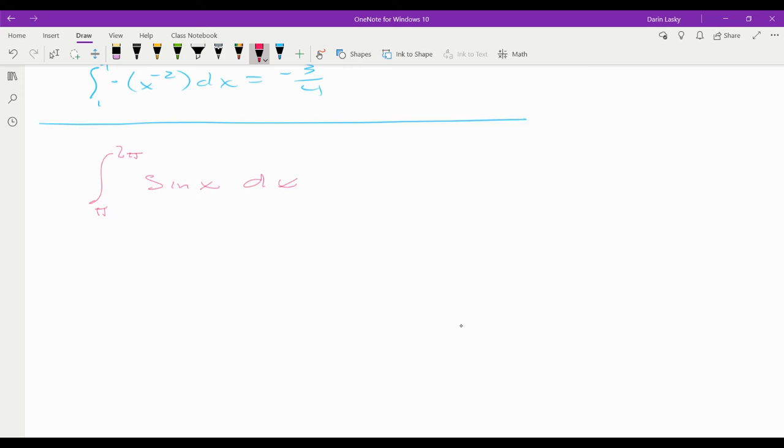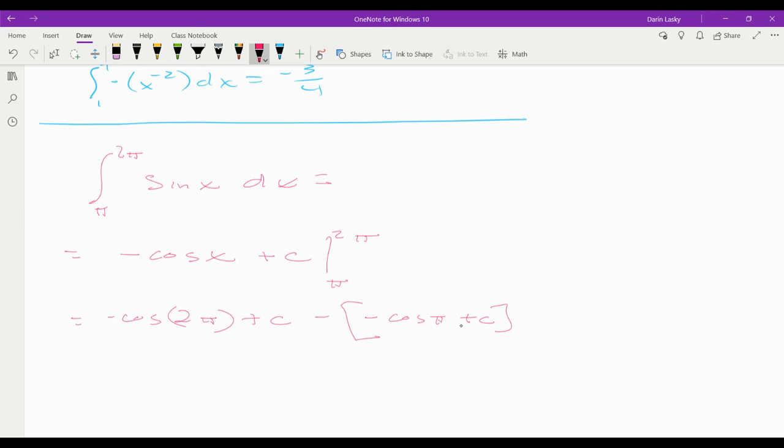So let's integrate this. What's the integral of the sine of x? The integral of sine of x is negative cosine of x plus c, and we're going to evaluate that from pi to 2 pi. So then we get negative cosine of 2 pi plus c minus, I always put that bracket there to keep track of it, negative cosine of pi plus c.